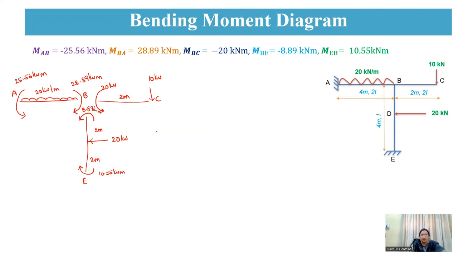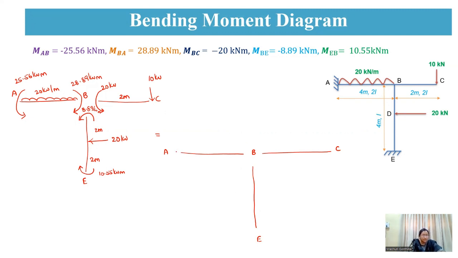So now for this, drawing a bending moment diagram. Okay, so this is AB, E and C. So first we'll draw the simple bending moment diagram.